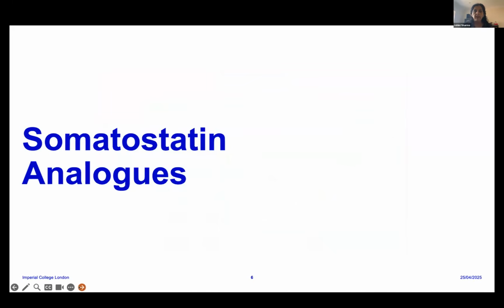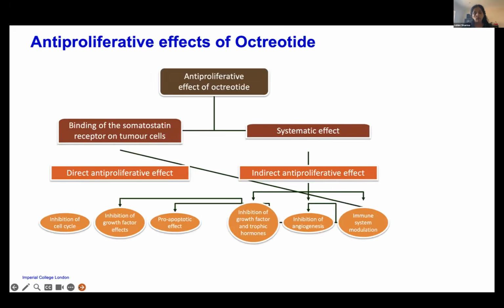So let's talk about the somatostatin analogs to start off with. I'm not talking about this for the management of functional symptoms. I'm now talking about it to control disease proliferation. It's been known for a long time that somatostatin analogs have an anti-proliferative effect. This is both because it binds the somatostatin receptor, inhibiting proliferation, and also because it has systemic effects.